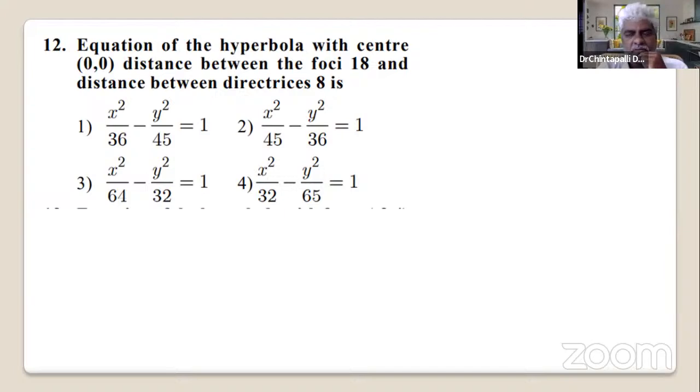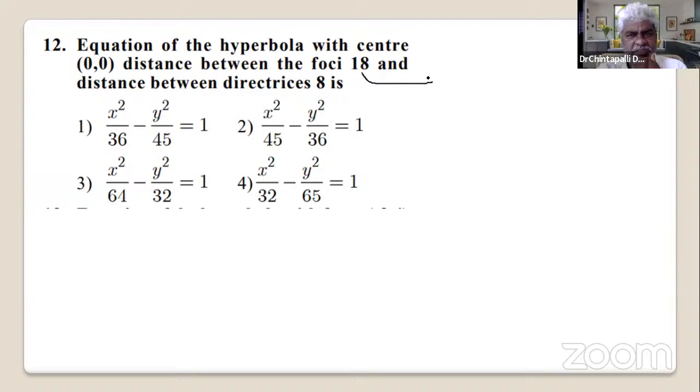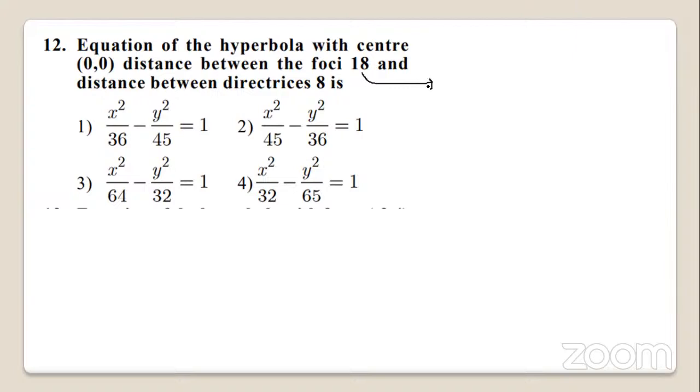I'm confident that you can also solve this sum. Equation of the hyperbola with center 0, distance between the foci is 18, distance between directrices is 8. Just wait.